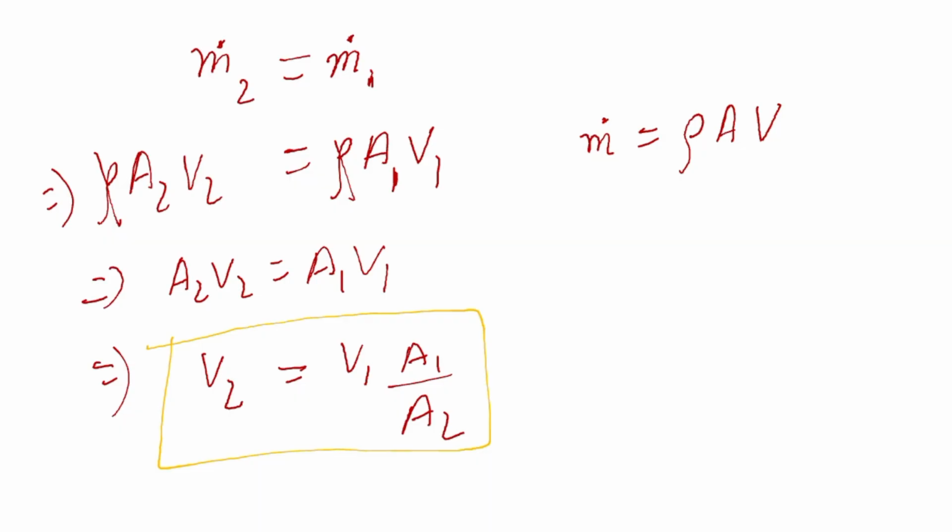Okay, so for the first case, now that we have this relationship, we were told that the area of the outlet is 5 meters square. So if you substitute it into here, V2 is equal to V1. Your V1 was 33 meters per second.